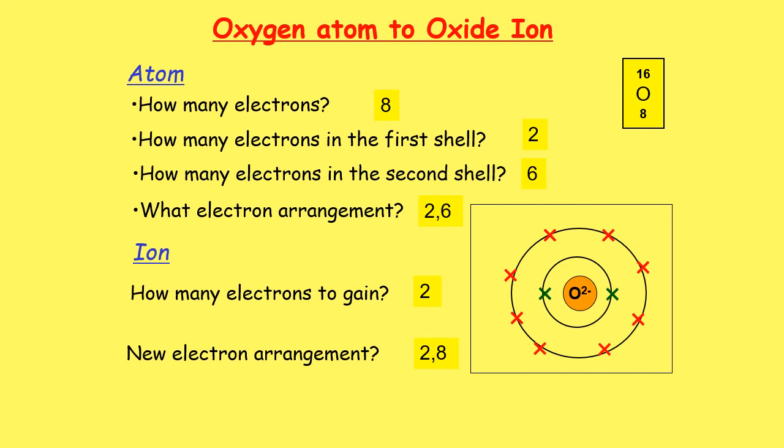So what we've seen is that metal ions form positive ions by losing electrons. Non-metals form negative ions by gaining electrons. Always, once an ion has formed, the final ion will have a full outer shell and its electron arrangement will match up with one of the noble gases in group 0.